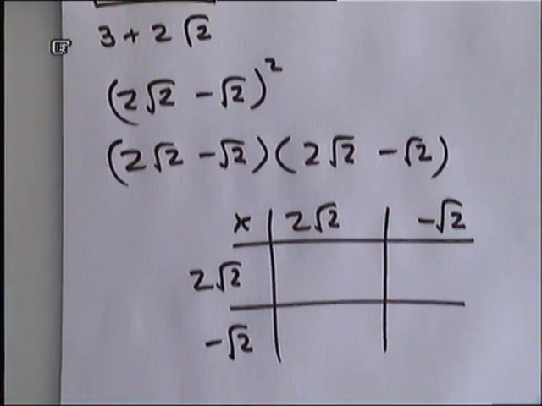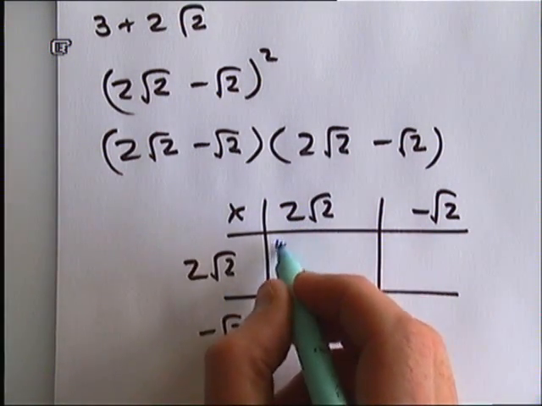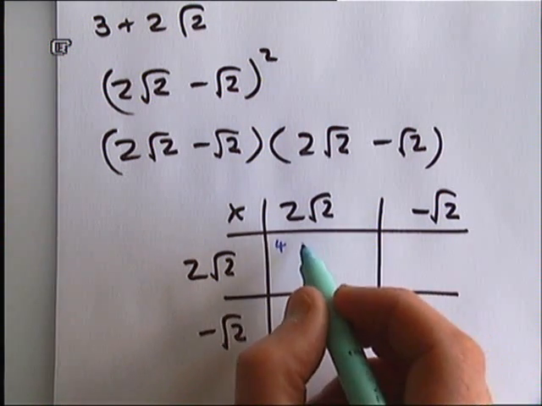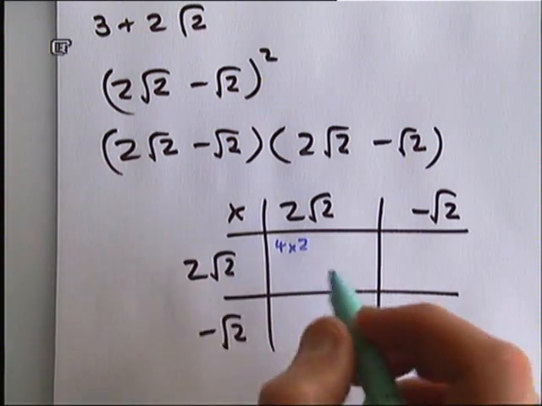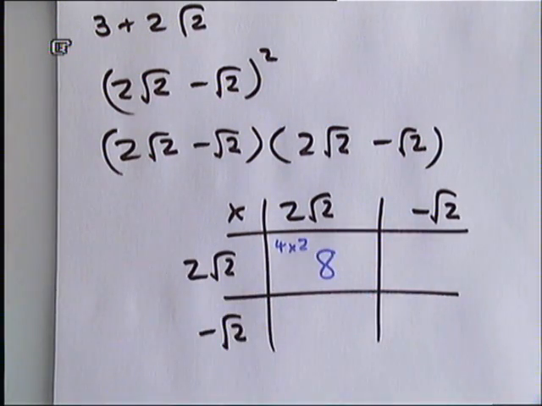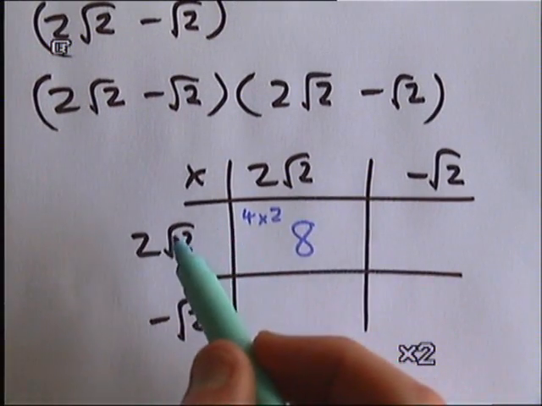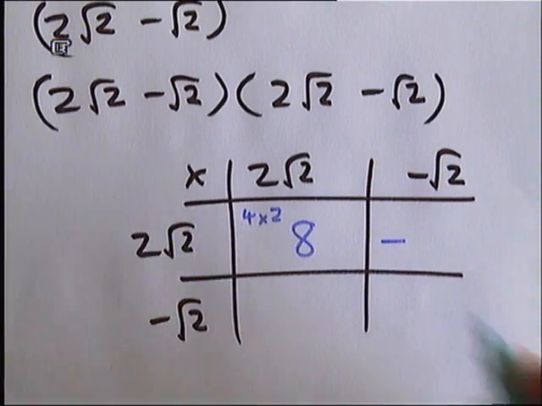Now when I multiply these together, that 2 times that 2 gives me a 4. That root 2 times that root 2 gives me a 2. Those two bits have to be multiplied together, so in there I'm going to get 8. Over here I've got something positive times something negative, so I will have a negative answer.